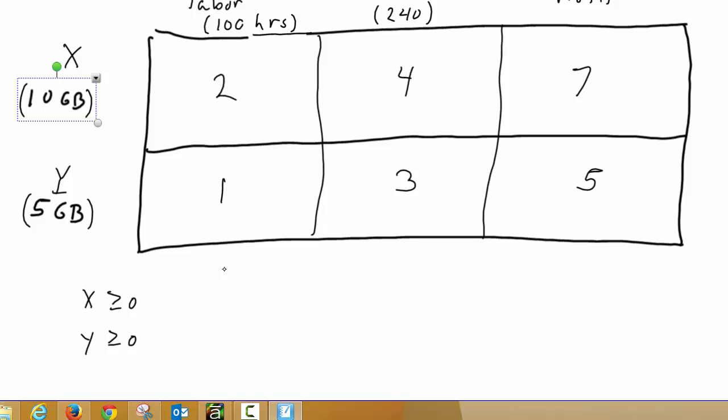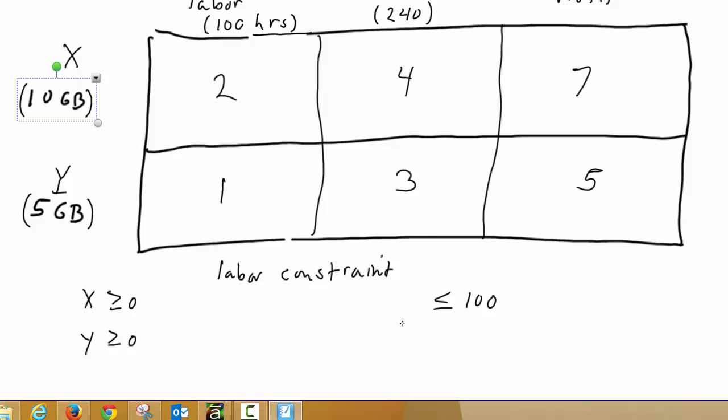There's a labor constraint, namely the time needed to assemble. We only have 100 hours available. So on the right, we would put less than or equal to 100, because that's the constraint: the total number of labor hours that we use in making 10 gigabyte models and 5 gigabyte models has to be less than or equal to 100. 100 is the maximum we have.